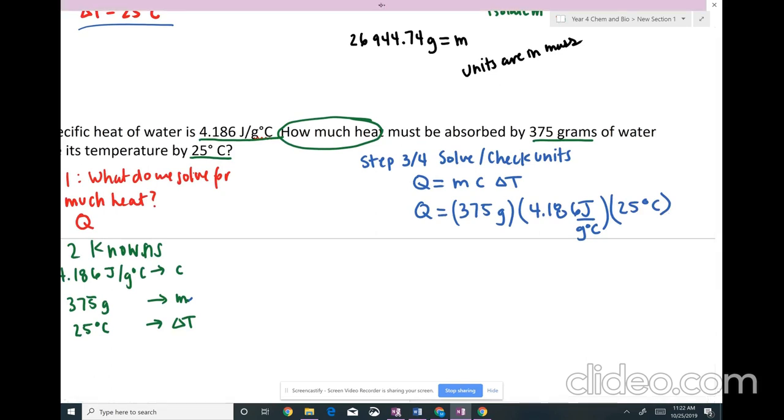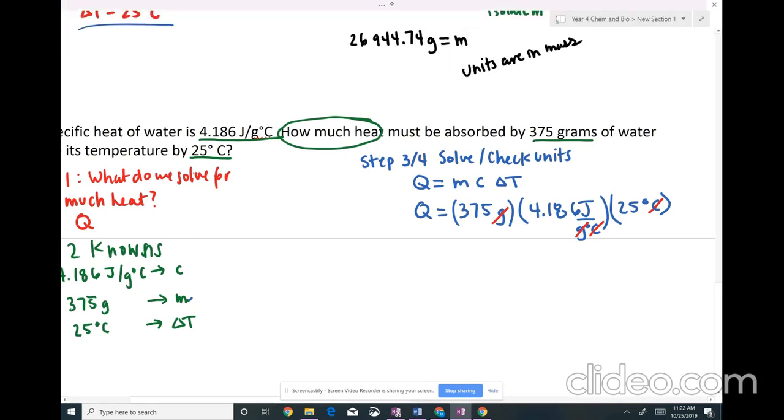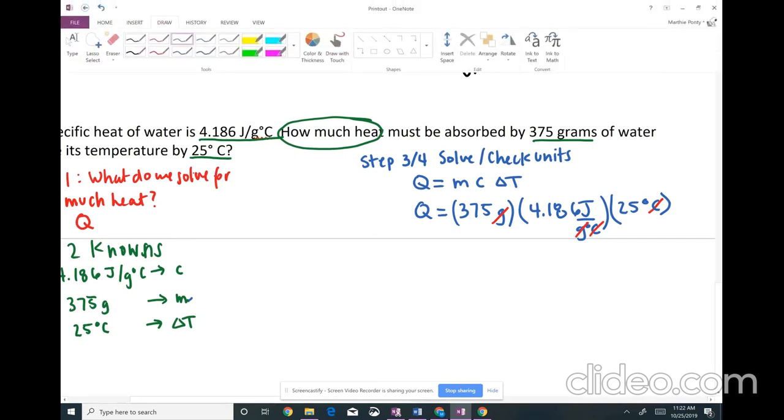Then I'm going to make sure that all of my units match. Celsius and Celsius, grams and grams. So that all matches, which leaves me with joules, and that is exactly what I want. So I'm going to multiply these things out, and then I should have my answer.